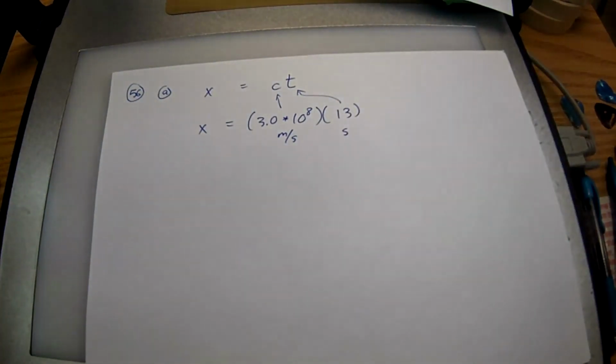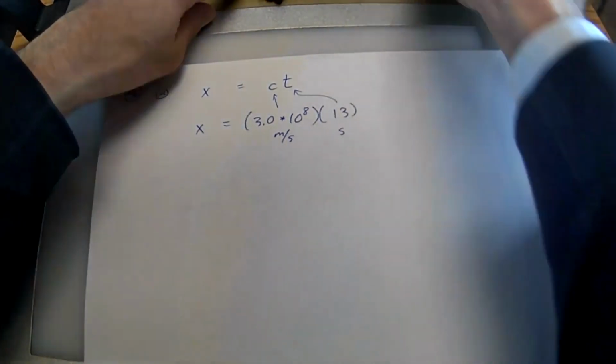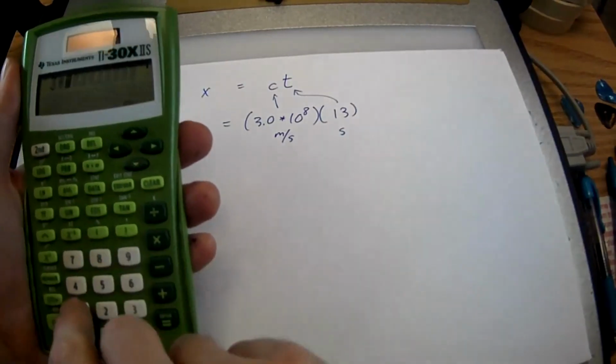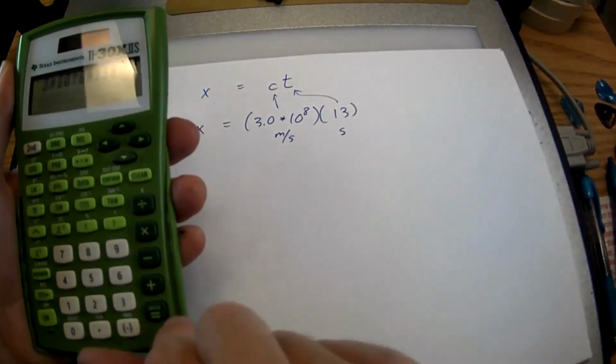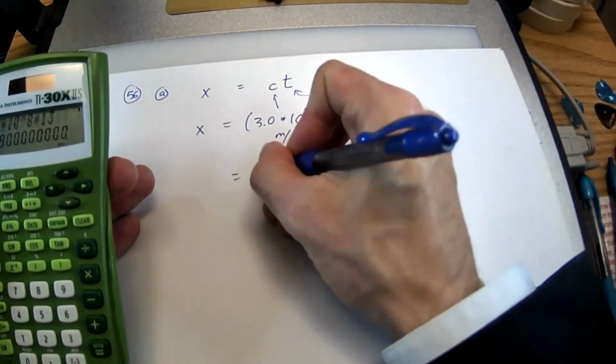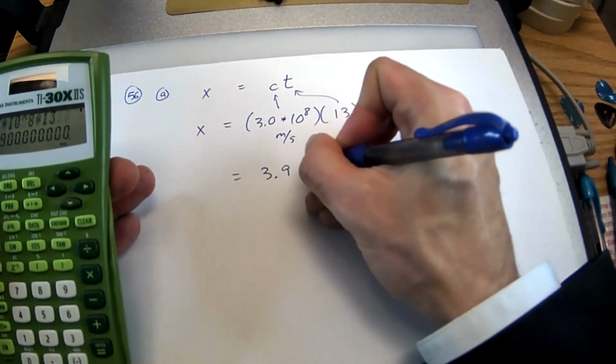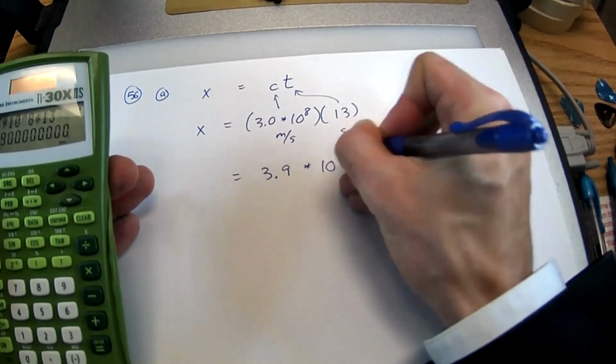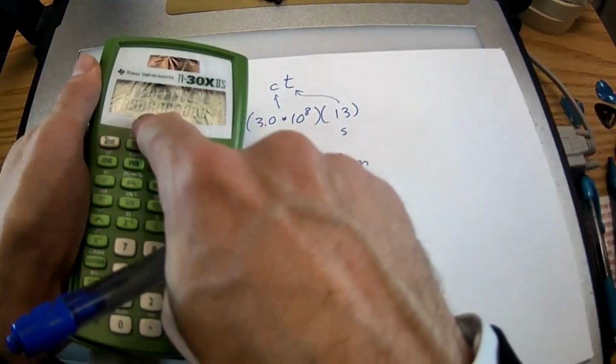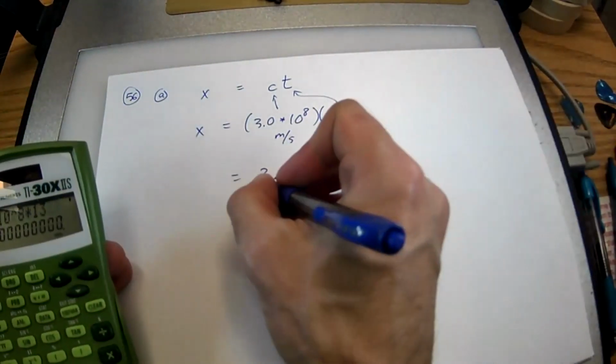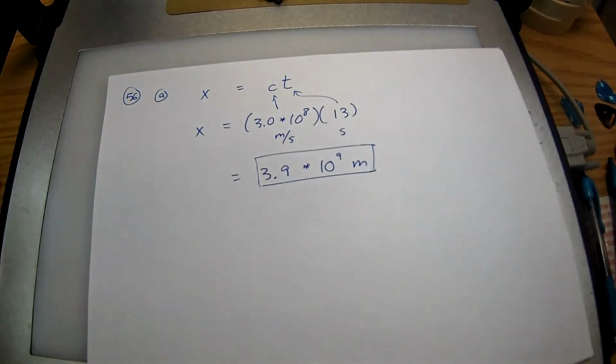So that's 3 times 10 to the 8, all times 13. I'm looking at 3.9 billion meters. Let's hold on to that number. So in 13 seconds, that's how far light travels.